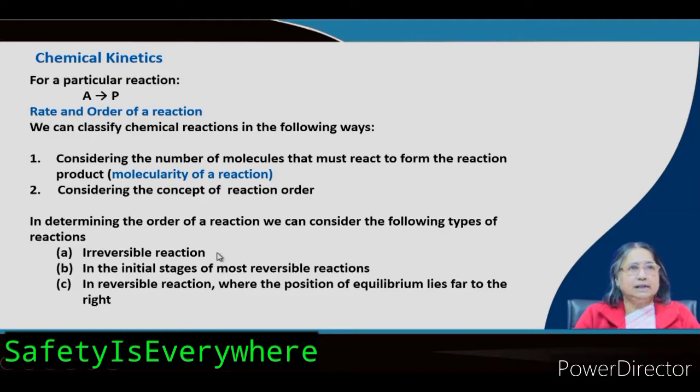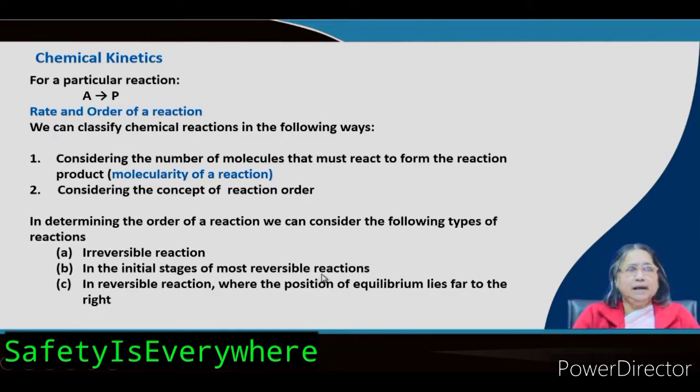Irreversible and reversible reactions I already discussed in the chemical equilibrium chapter. So we can determine the order for irreversible reactions, or in the initial stages of most reversible reactions.